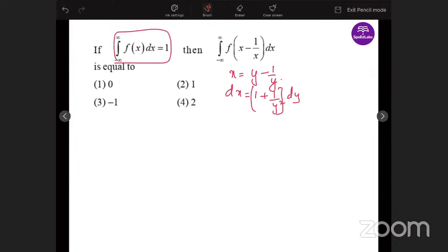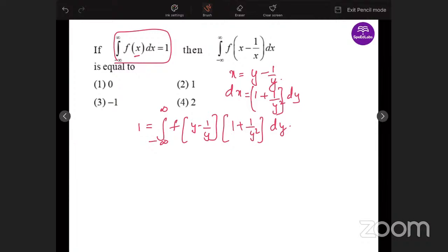So I replace x with y minus 1 upon y. So I can write 1 equals the integral from minus infinity to infinity of f of (y minus 1 upon y) into (1 plus 1 upon y square) dy. Can I write like this or not? Yes, sir, we can write.